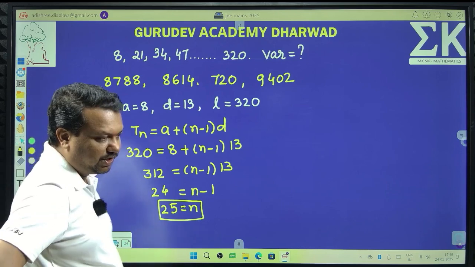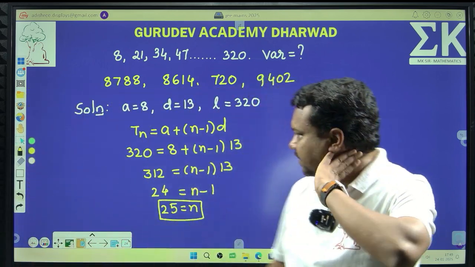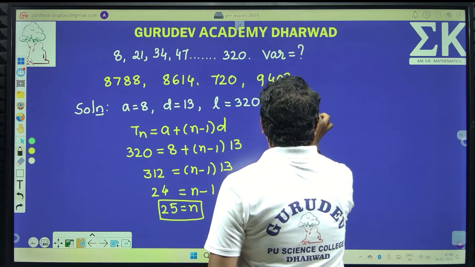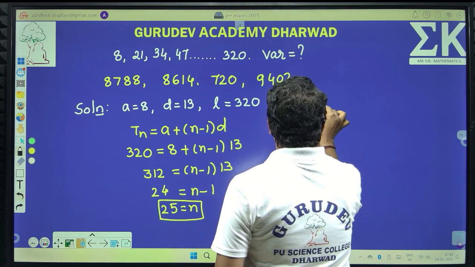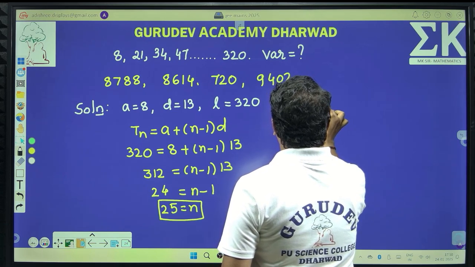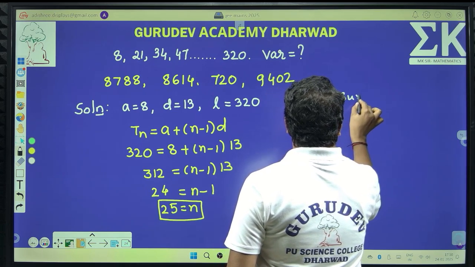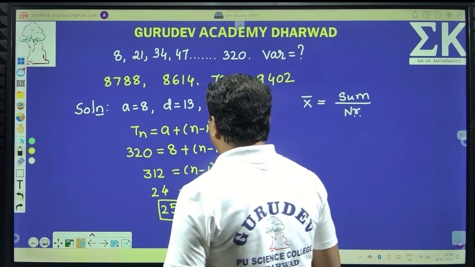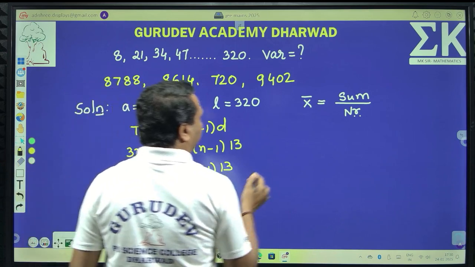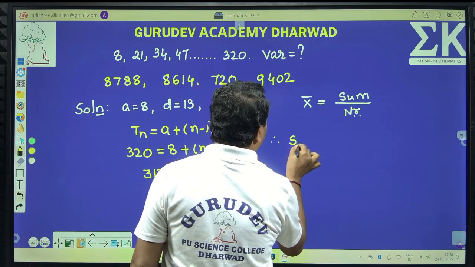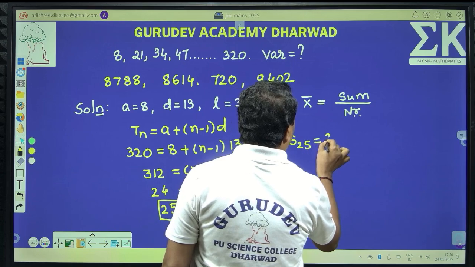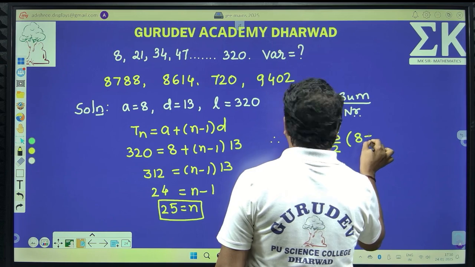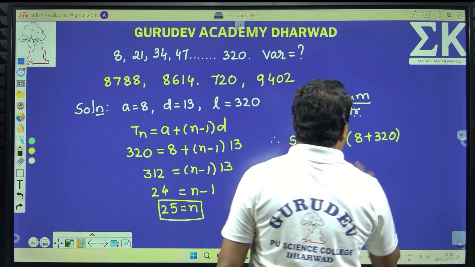N is equal to 25. So the number of observations in this case is 25. Hence, what is the mean value? The mean value is equal to the sum of 25 observations divided by the number of observations. So I need to find the sum of 25 terms. What is the sum of 25 terms? S25 is equal to 25 by 2 into first term plus last term, okay.